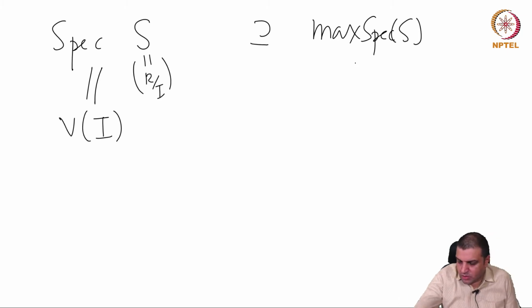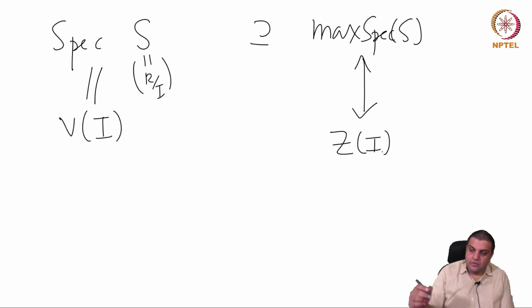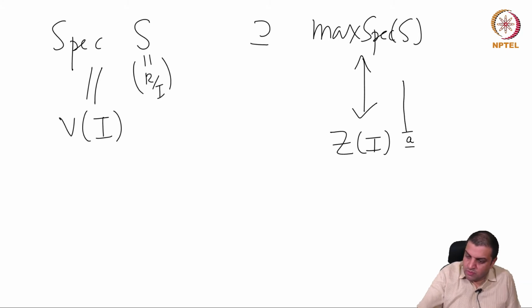And what Nullstellensatz told us, the description of maximal ideals of V of I, the description of points in V of I, is that this is in one-to-one correspondence with Z of I. And what is the correspondence? A point A goes to the ideal generated by x1 minus a1, and so on, xn minus an.